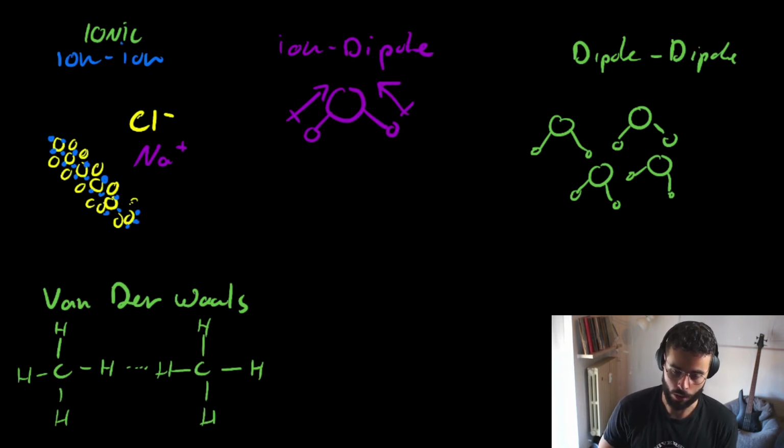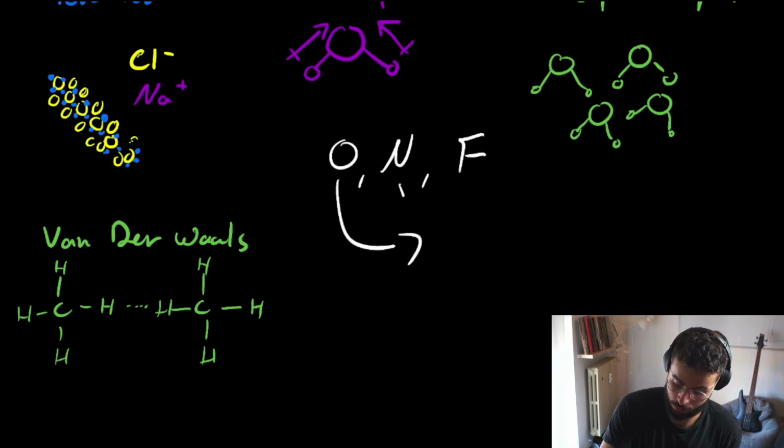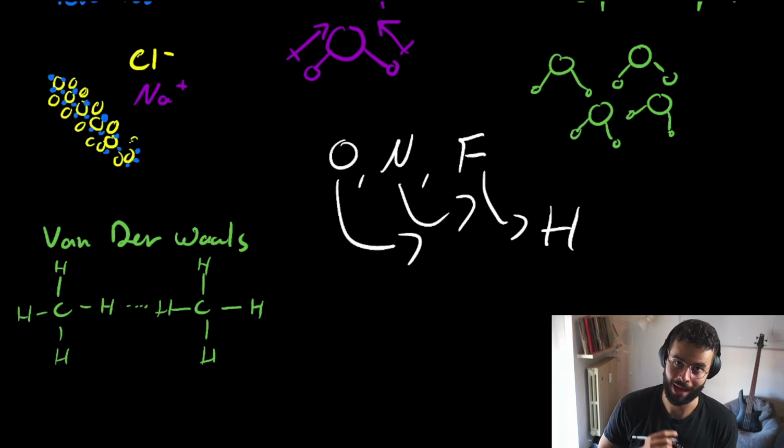And the example that I gave a few lessons ago was intermolecular forces between water molecules. Because we have oxygen or nitrogen or fluorine connected to hydrogen, we have hydrogen bonds between different molecules.